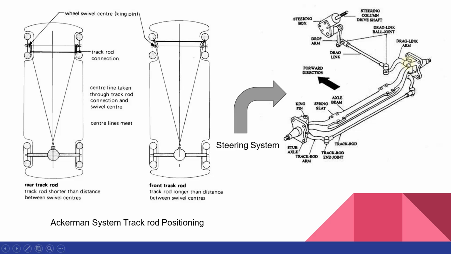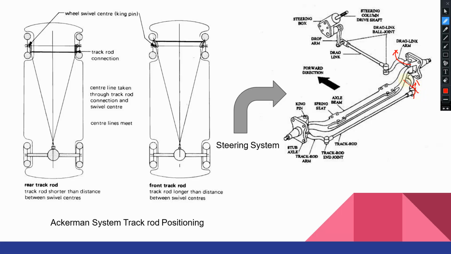So while turning one end of the stub axle, suppose you see that when we are turning this stub axle through a small angle, suppose it is turned this side, it will pull the track rod arm at this point, and it will pull the track rod in this direction.